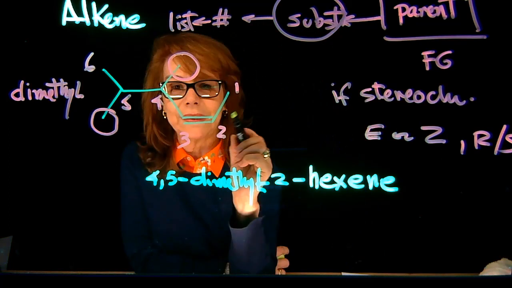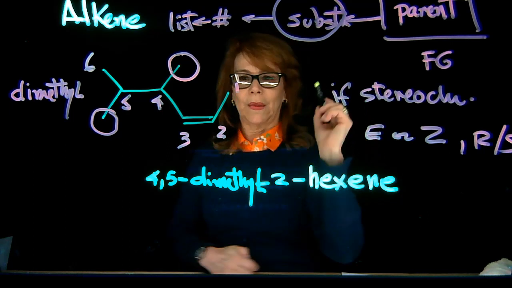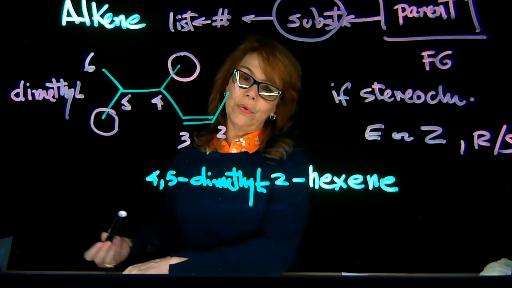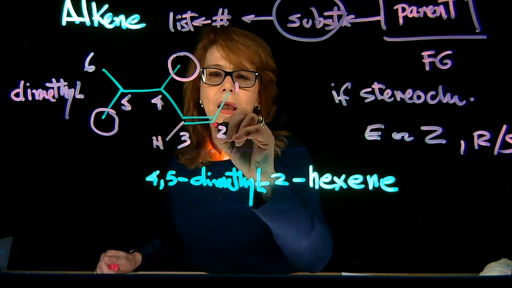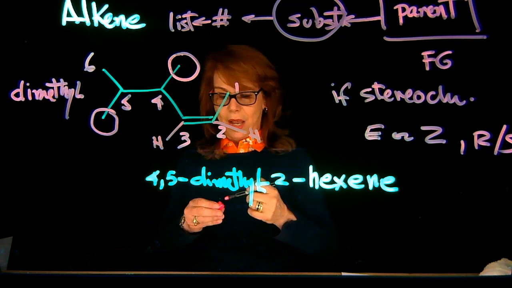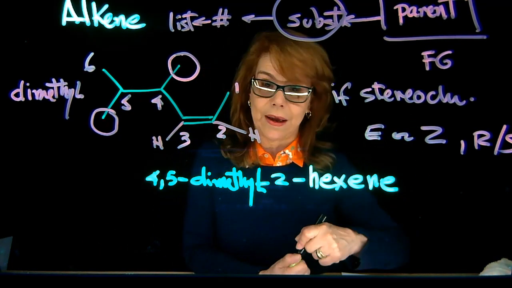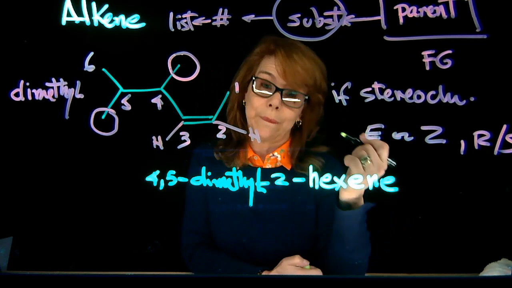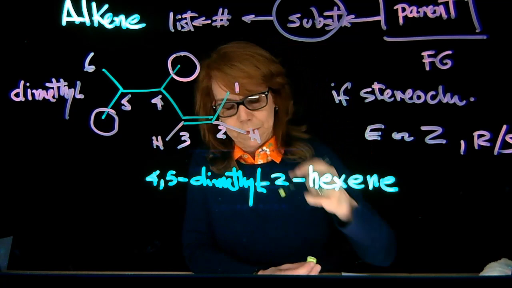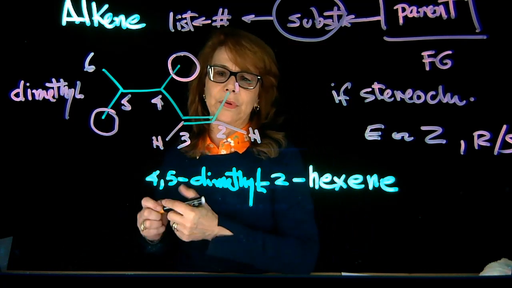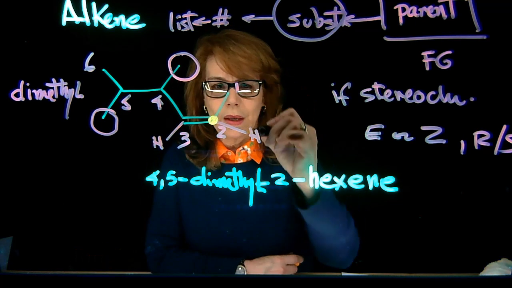Now, is there any stereochemistry? Well, I see that I need to specify if the alkene here is E or Z. So what we're going to do is assign priorities. Here we need to remember that I have a hydrogen here, and I also have a hydrogen here. To do that assignment, we need to use the Cahn-Ingold-Prelog rules. We assign priorities by looking at the atoms attached to those carbons. At this vinylic carbon, we have a CH3 and a hydrogen.